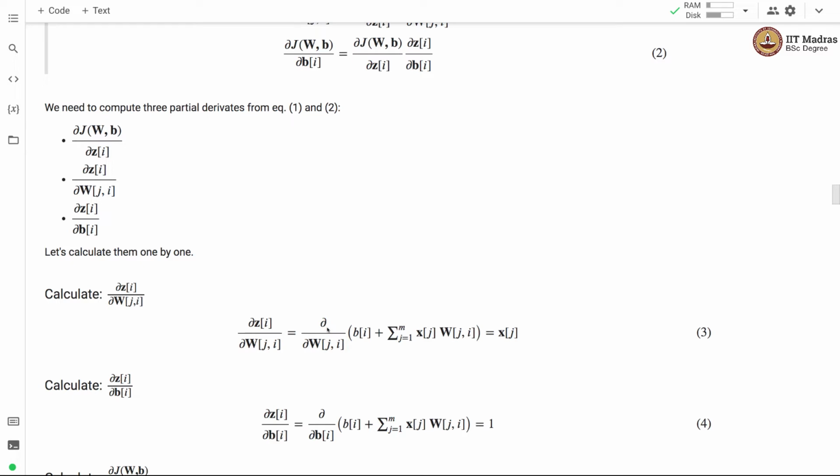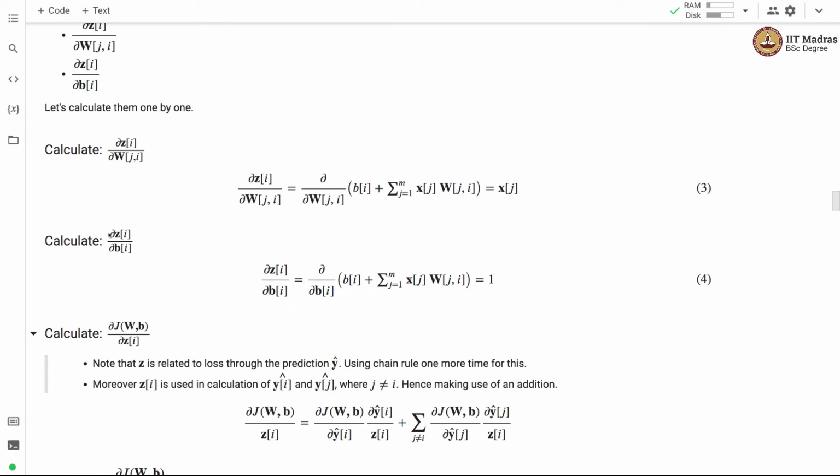So this is the partial derivative of Bi plus the summation of xj into wji, j running from 1 to m, with respect to w j comma i. When we perform the derivative of this equation with respect to w j comma i, the derivative of Bi with respect to w j comma i will be 0, and for the second term we'll essentially get xj.